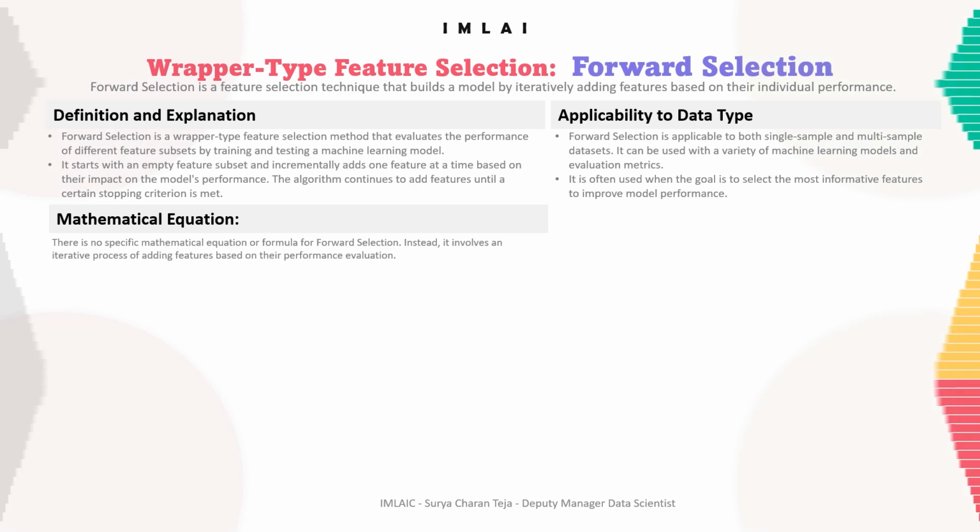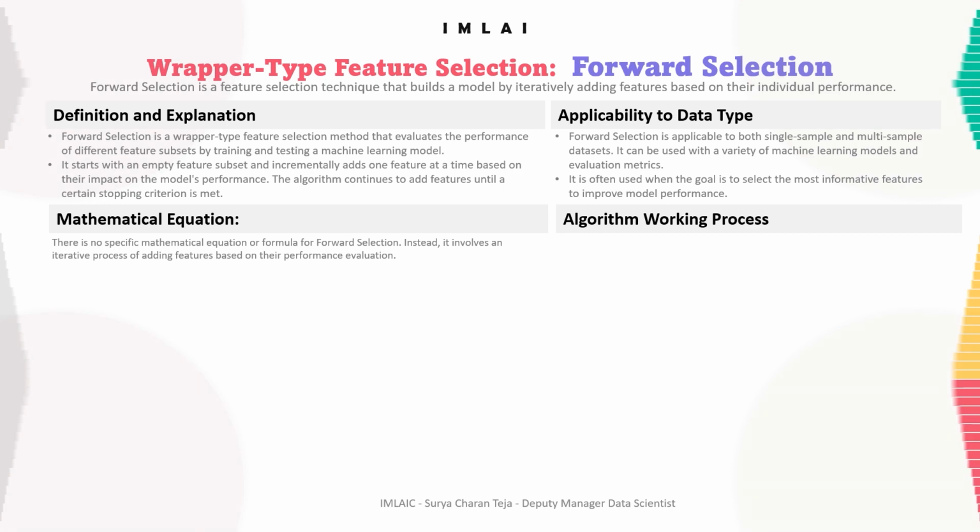Now let's look into how this algorithm works. The algorithm working process: the general steps involved in the forward selection algorithm are as follows. The first step is to start with an empty feature subset. Forward selection always starts with an empty feature subset.